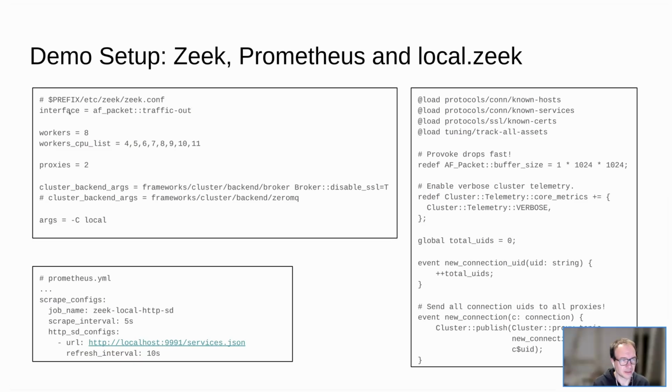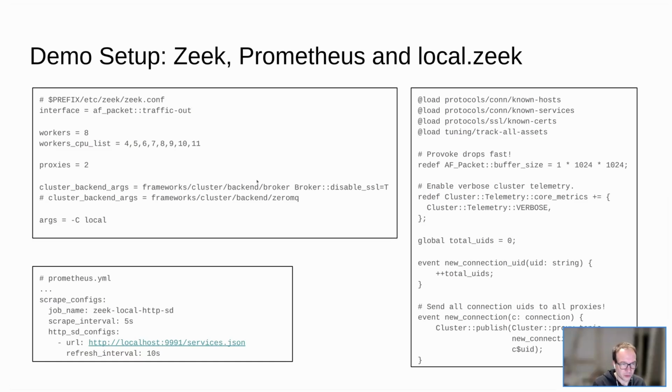We define the interface and also which plugin to use, and in this case we are using AF_PACKET so that the load balancing works out well. One can define how many workers to run and on which CPUs the workers are pinned, how many proxies are run, so that there's 2 in this case, and some arguments to the Zeek processes. And here I have commented out the ZeroMQ backend and enabled the Broker backend by default.